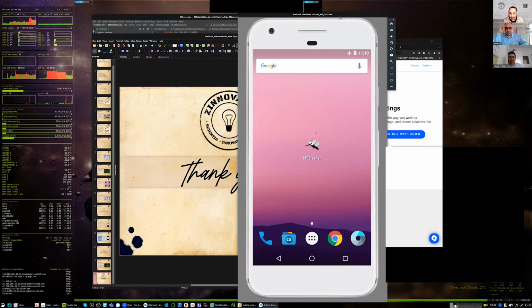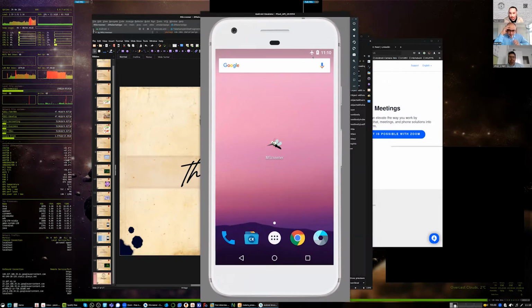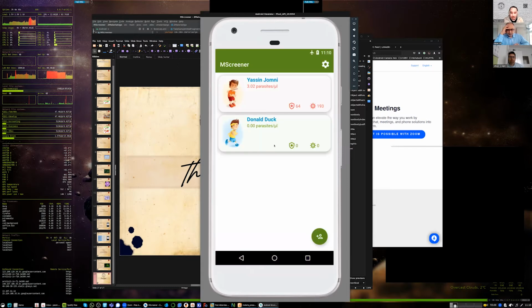Okay. So as you can see in the emulator, the phone is in flight mode, so no internet connection.